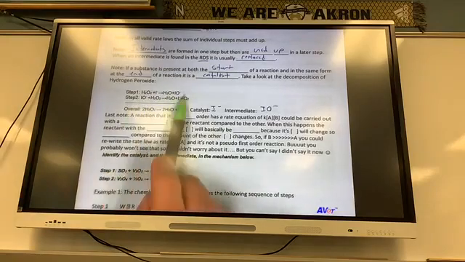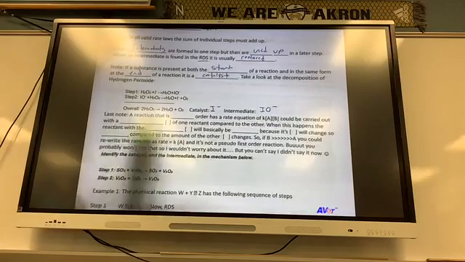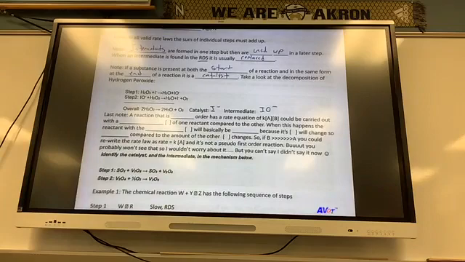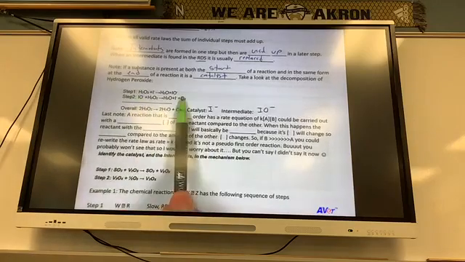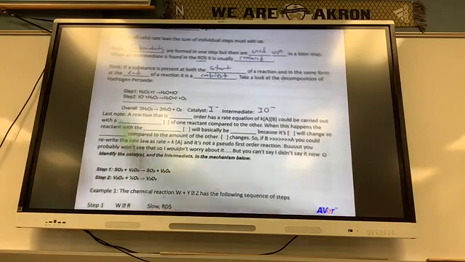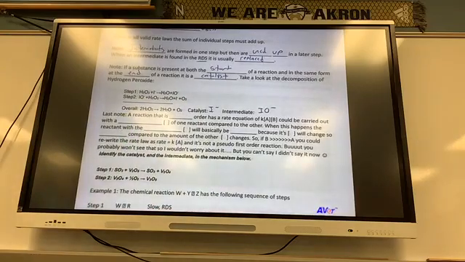That's how you know what the intermediate is. The intermediate's not going to be part of the overall equation because it's used up immediately. So neither the intermediate nor the catalyst are part of it. That's how you identify the difference. Catalyst: you start in the first step and end in the last step. Intermediate: you end with it within the first step and begin with it in the next step. So it's really easy to identify the difference between a catalyst and an intermediate.